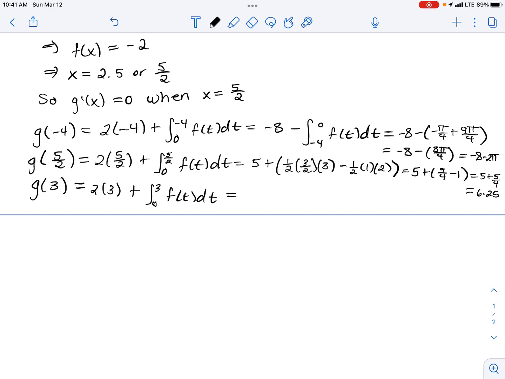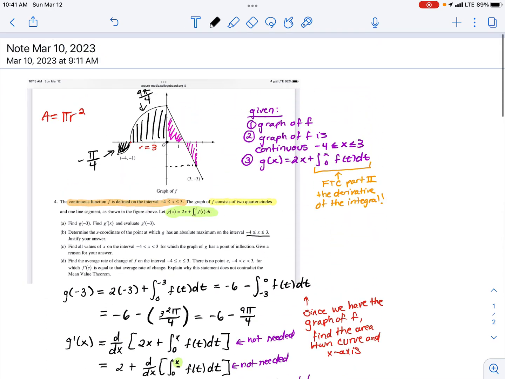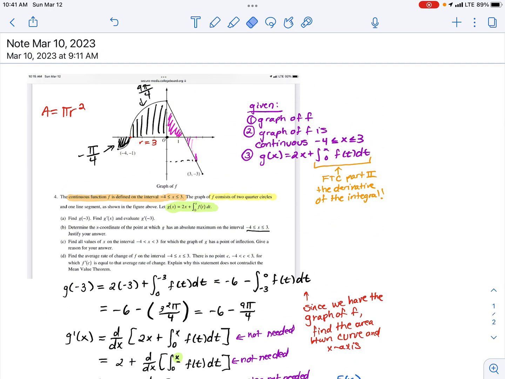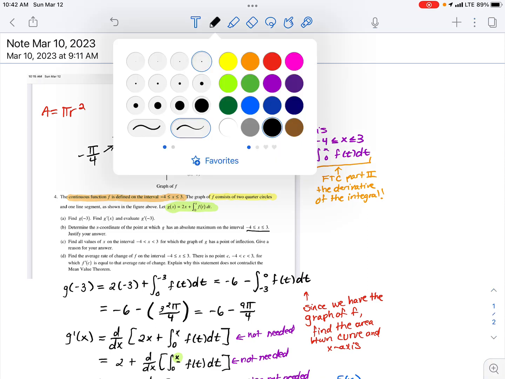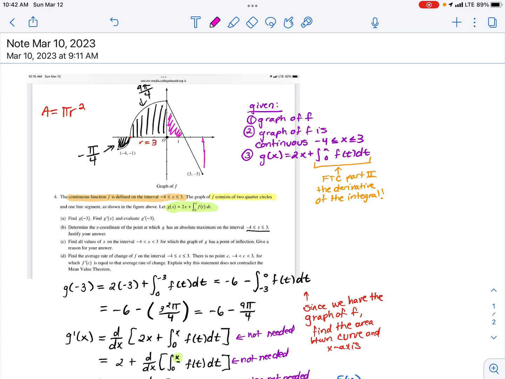And so now, what I want to do from here is find the integral from 0 to 3. So I get 6 plus, and now I'm going back to the integral from 0 to 3. So I'm going to adjust this one a little bit. So now I'm finding this integral. And what's cool about this one is that it looks like this is the exact same triangle as the one on the left from 0 to 1/2, because the base and the height are the exact same.